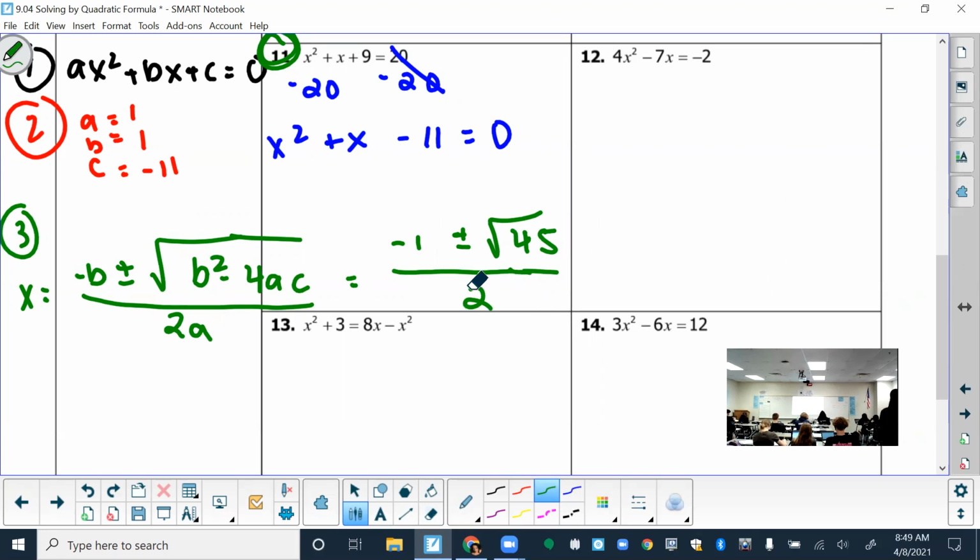Now, one more thing that we need to do before we circle this as our final answer is we want this radical, the square root of 45, to be simplified. So we're going to simplify that radical, and we're going to use our factor tree.